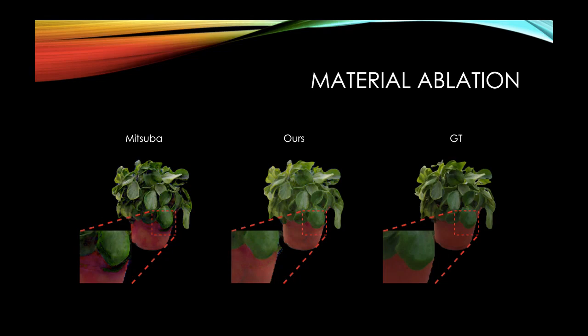We then freeze the BRDF estimation method and only estimate the local irradiance field. We compare this to our method where we jointly optimize for both LIF as well as diffuse texture. We observe that there are severe visual artifacts in the Mitsuba experiment, which is the independent optimization of diffuse texture, as opposed to ours.